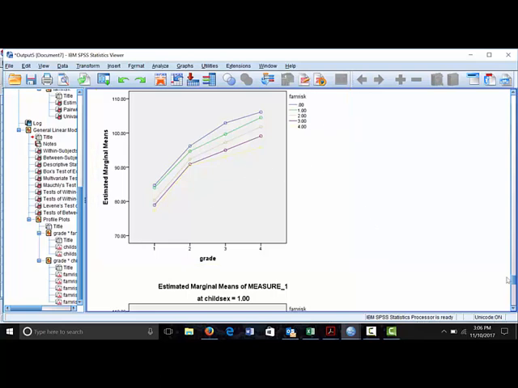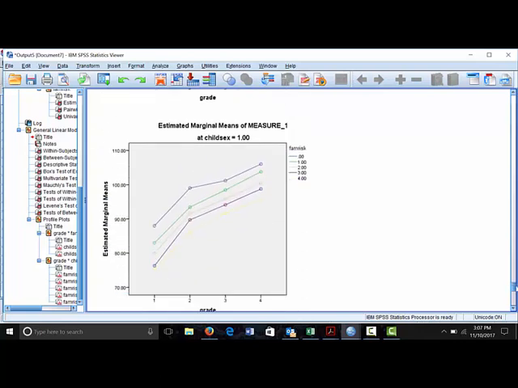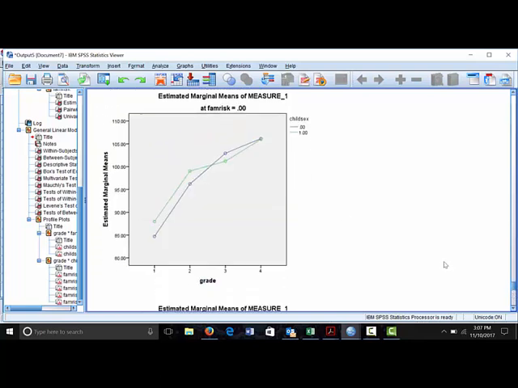There's parallelism. The same thing happens with child sex of 1. And you can see that zero risk tends to create the highest scores, but there's parallelism across those other levels of family risk.